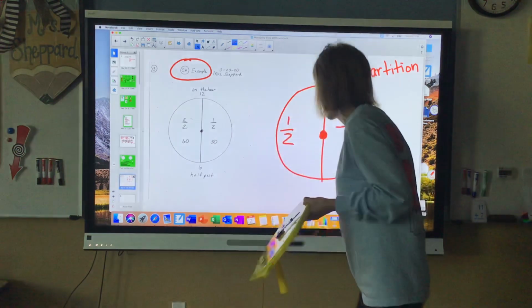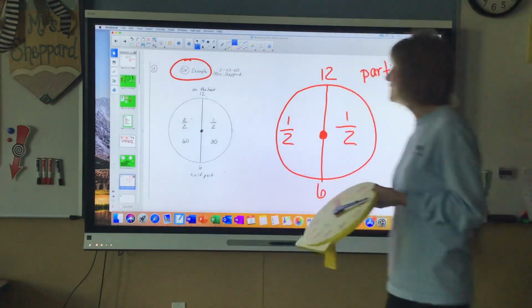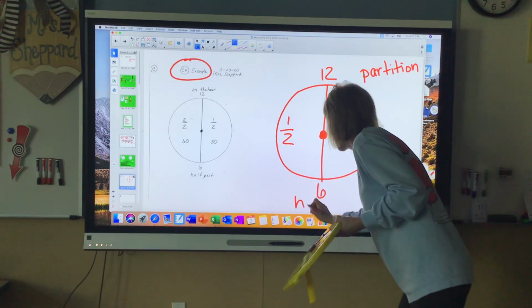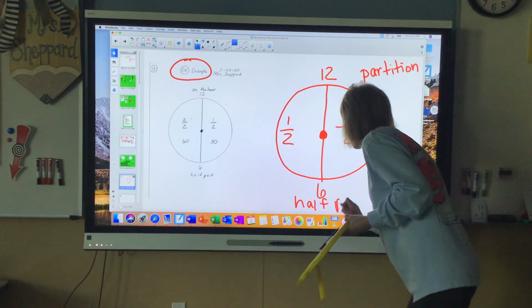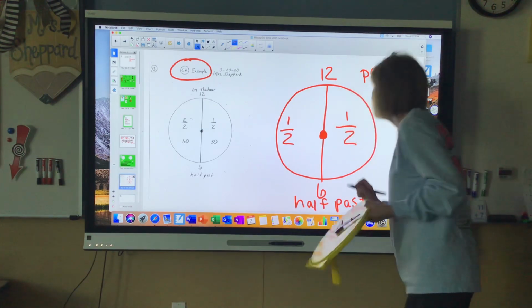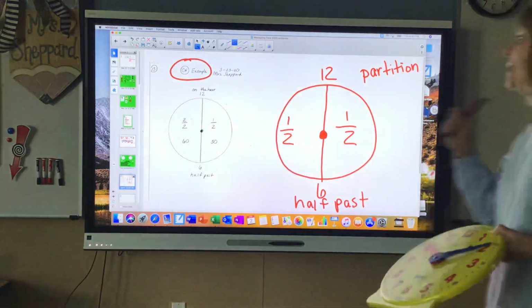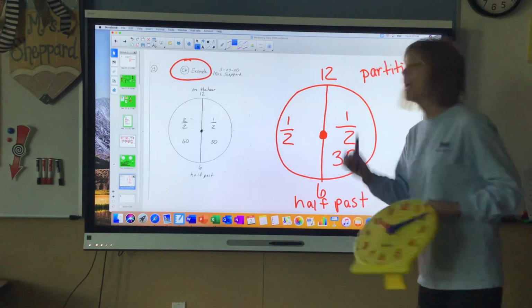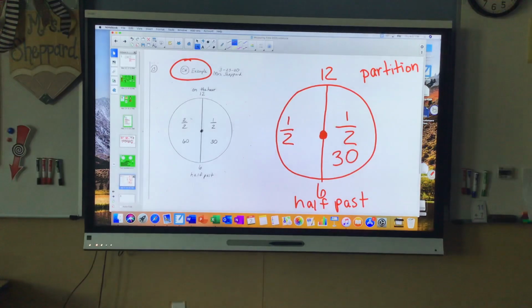And then right down here, I would put my 6. If my long hand is on the 6, it is half past the hour because there are 30 minutes in 1/2 of an hour. 60 minutes in an hour, 30 minutes in 1/2 of an hour.